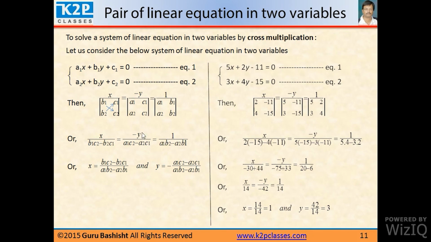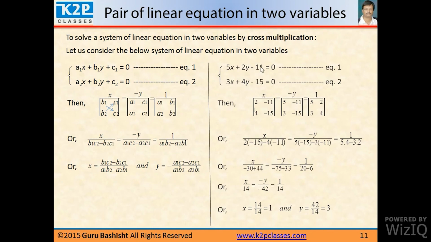Let us see, two equations are given: 5x + 2y - 11 = 0 and 3x + 4y - 5 = 0. So x/(2 x -5 - (-11) x 4) = x/(-10 + 44), and -y/(5 x -5 - 3 x -11) , and 1/(5 x 4 - 3 x 2) = 1/14.